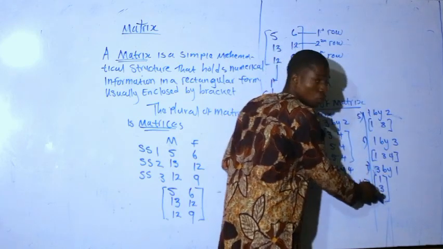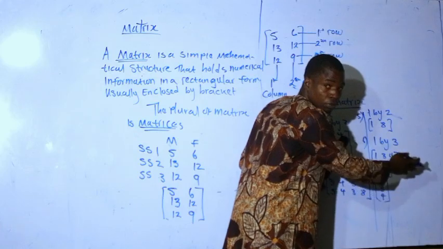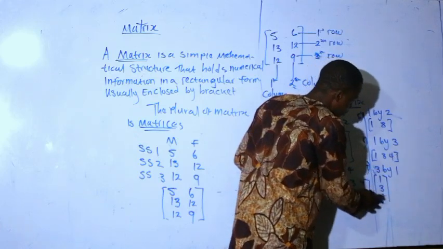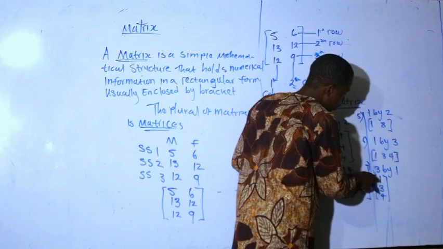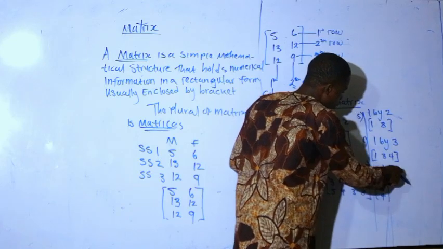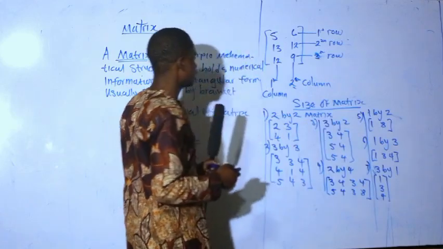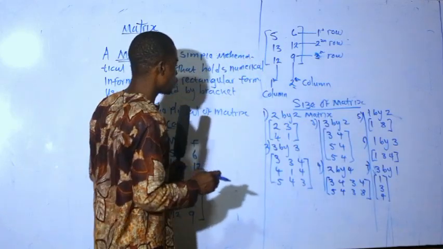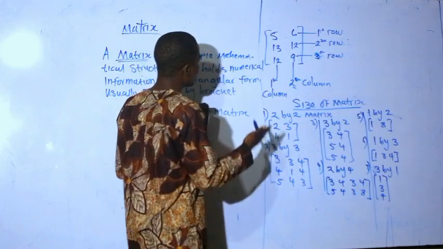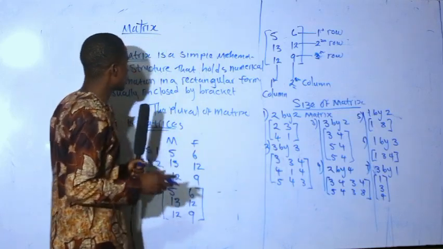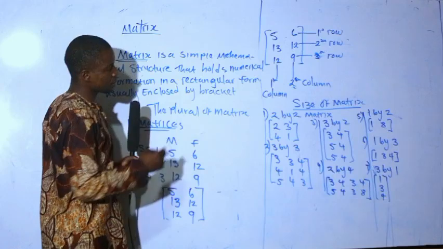1 3, which is very simple as ABC. Now in row 1 2 3, in column 1. That's it. But to make you understand what is going on, we can really understand that matrices have different sizes.